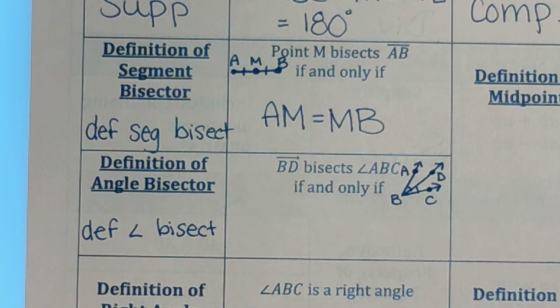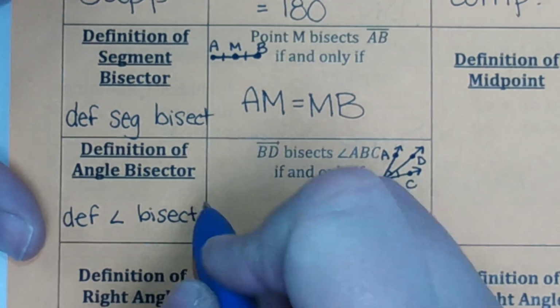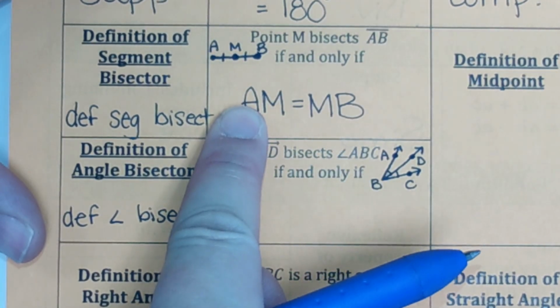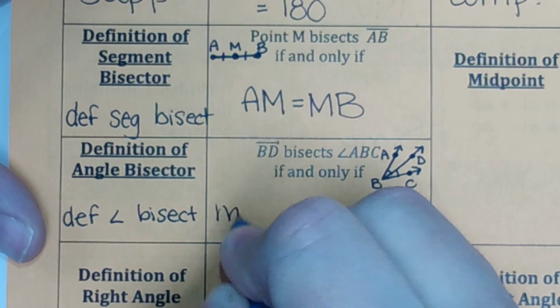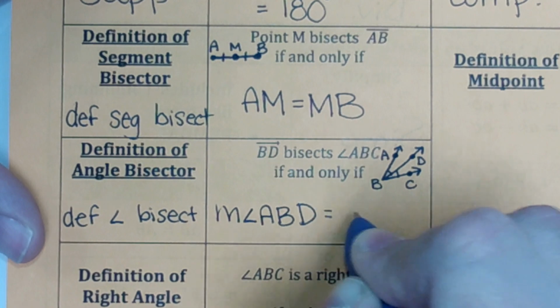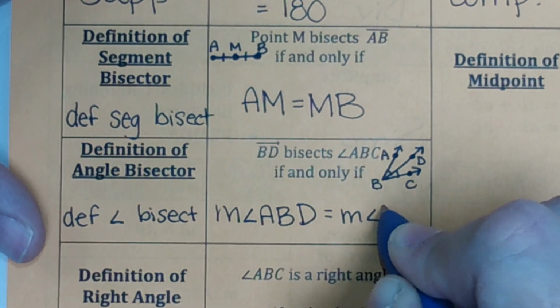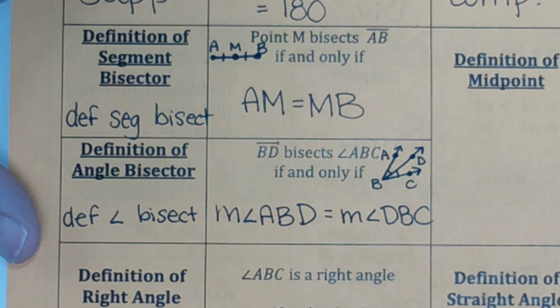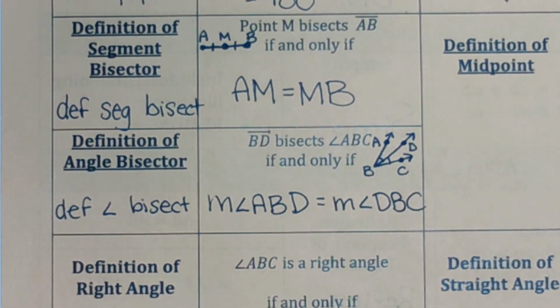If it's an angle bisector, such as BD bisects angle ABC, then similar to this, where I could say the segments are equal, this one I can say the angles are equal. Specifically, angle ABD is equal to DBC in this picture. Don't forget the measures and the angle symbol. It's the two small parts that are equal to one another, whether it be the angles or the two small parts of the segment.